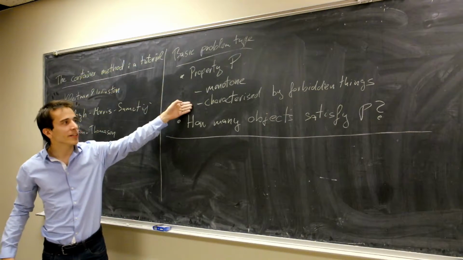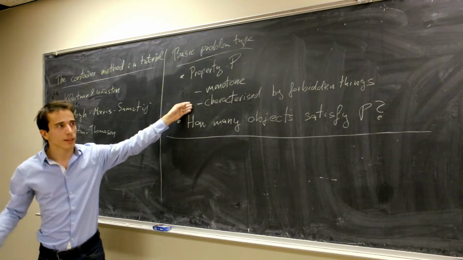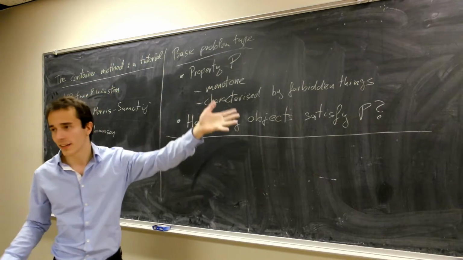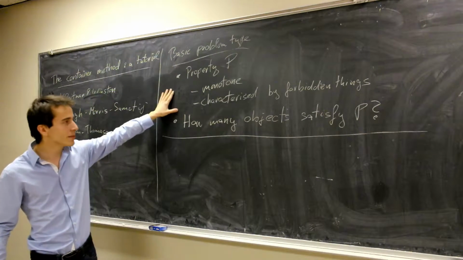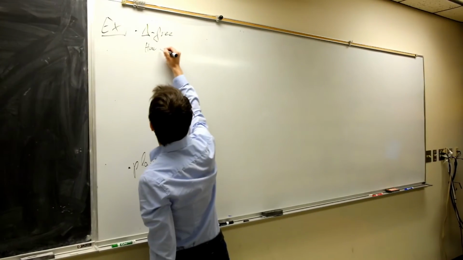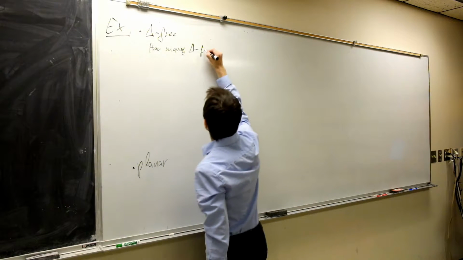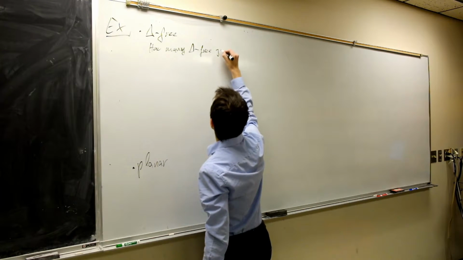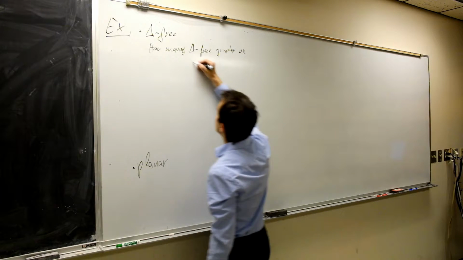And it's also very easily characterized by what kind of stuff is forbidden, because what is forbidden? Triangles are forbidden. That's the perfect match for this description. So if the question is, how many triangle free graphs are there on n vertices?